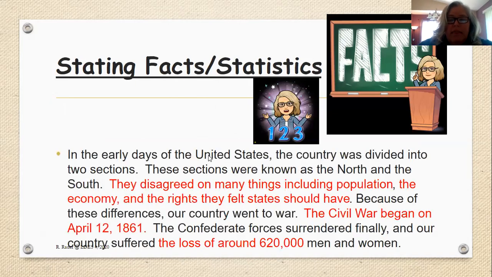Let's see. They are in red, the evidence. They disagreed on many things, including population, the economy, and the rights they felt states should have. The Civil War began on April 12, 1861. There's some of those numbers. And they lost around 620,000 people to the Civil War. So there's our numbers. So moving on to our last one.